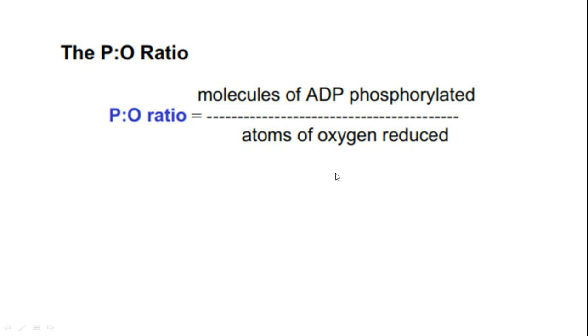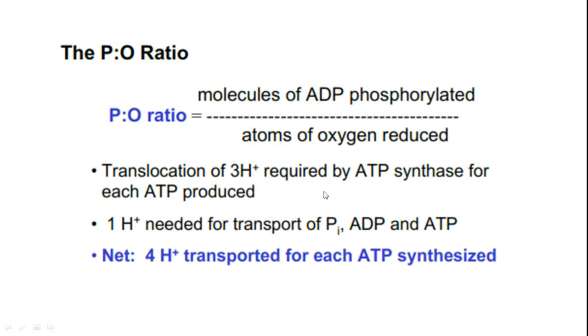Another simple way to understand this concept is in ATP synthesis, the ATP synthetase enzyme, as we have seen, is present in the inner membrane. This is the outer membrane, this is the inner membrane, this is the intermembrane space, and this is the matrix. Here is our ATP synthetase enzyme.